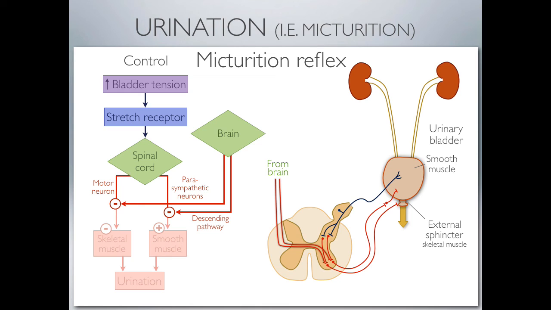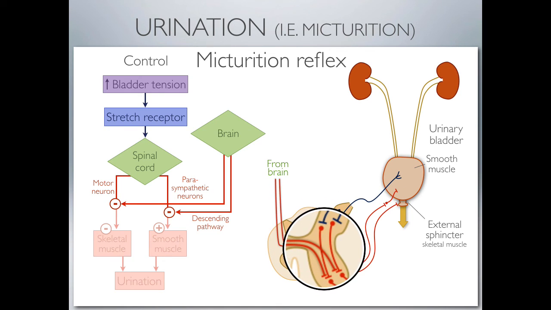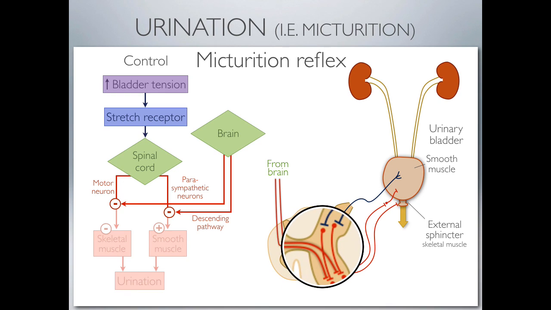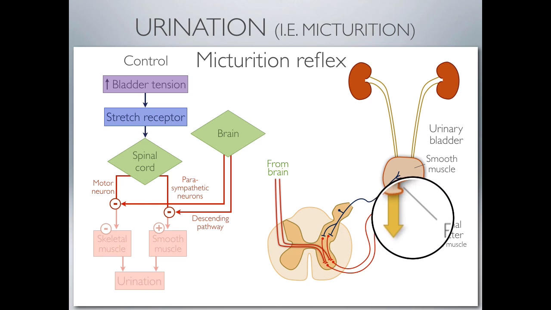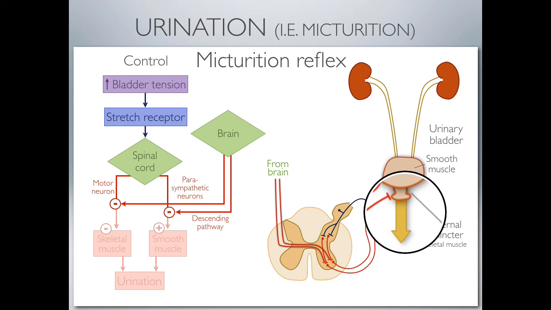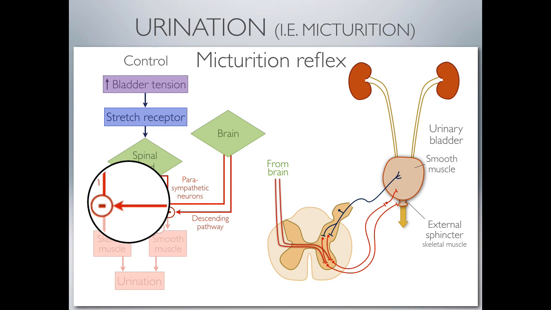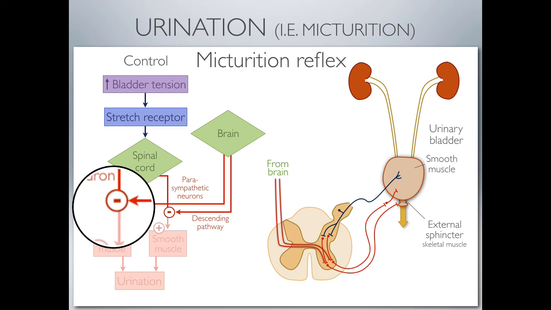So here we have an example of a double negative, because you may recall a moment ago that the interneuron shown on the left was negatively influencing the motor neuron for the skeletal muscle, so that the skeletal muscle relaxes when your urinary bladder is full. Here, we're turning down that negative effect.